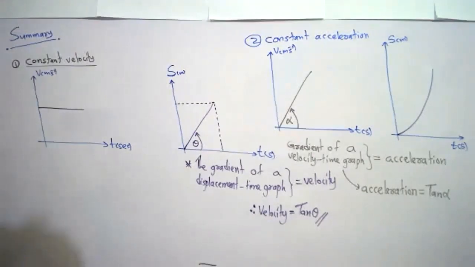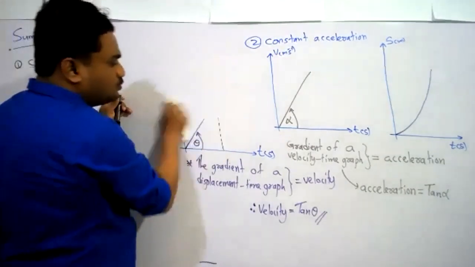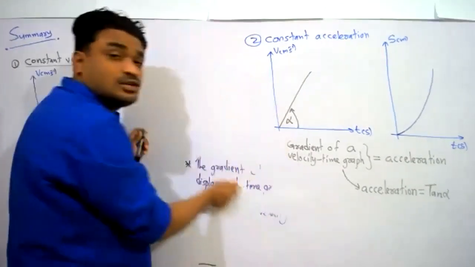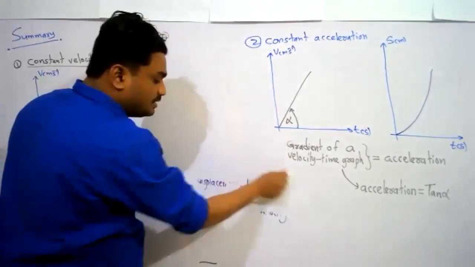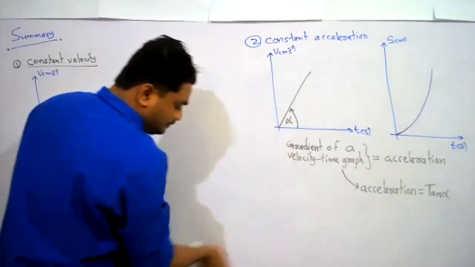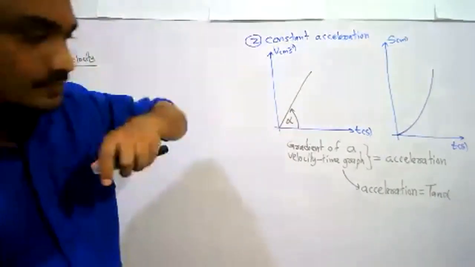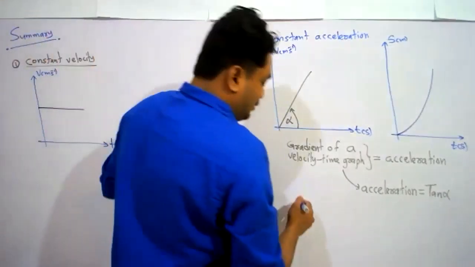Right, I think you have drawn them. Now, somebody please tell me how to find the displacement from a velocity time graph. How do you find the displacement from a velocity time graph? Lamai? Area under the graph. Very good.